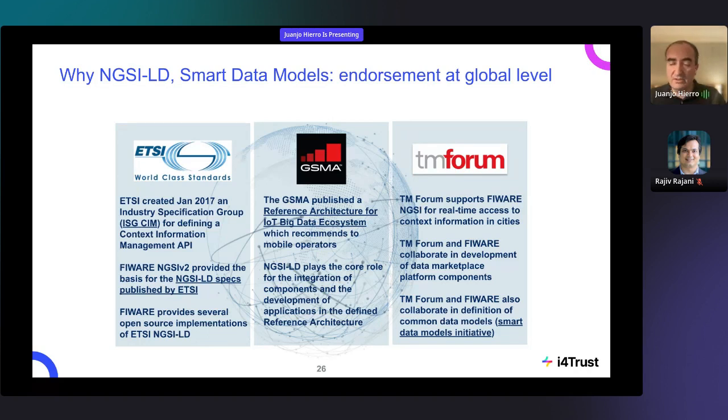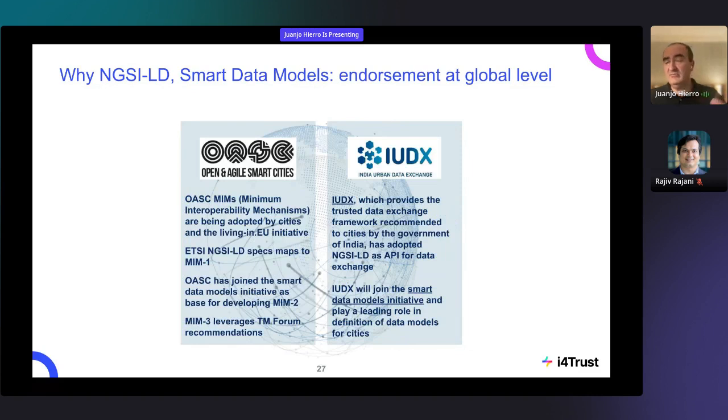GSMA has adopted not only the API, but also the Smart Data Models Initiative as a recommendation for creating IoT-enabled big data systems, TM Forum as well. And very importantly, in domains like smart cities, these standards have been adopted globally, by initiatives that started in Europe but then grew globally, like the Open Agile Smart Cities, but also IUDX in India, to give an example.